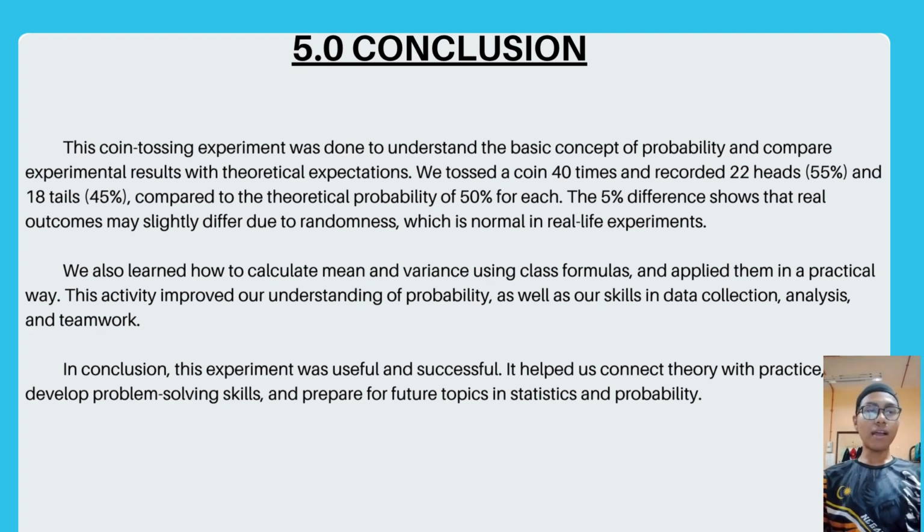We also apply formulas to calculate the mean and variance, strengthening our understanding and analytical skill. Overall, the experiment was successful in connecting the theory to practice and improving our teamwork and problem solving ability.